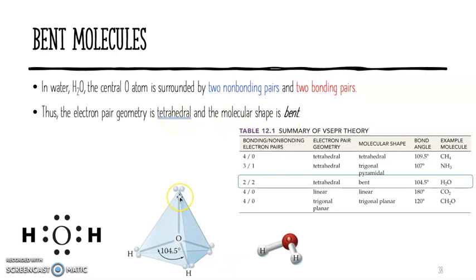You see that, like ammonia and methane, the electron pairs are arranged in a tetrahedral, but the molecular shape of water is bent because it only has 2 hydrogens and 1 oxygen, only 3 atoms, and that's why its shape is bent.